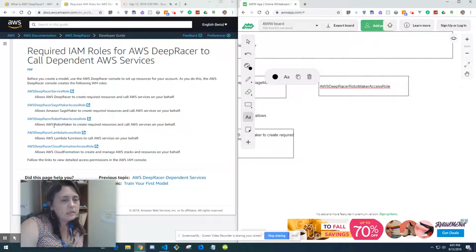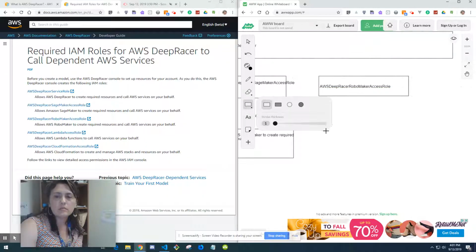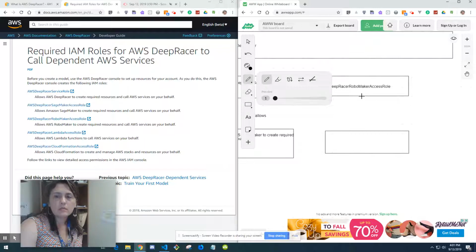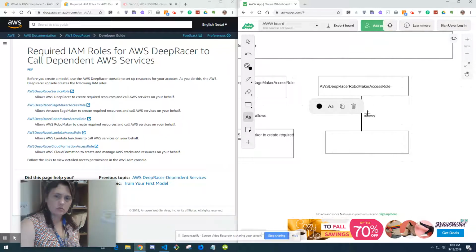And what that does is allows the RoboMaker to create required resources. So it also allows AWS RoboMaker to create required resources.